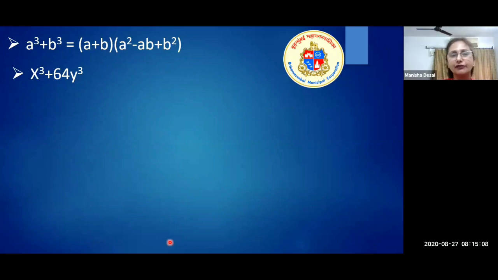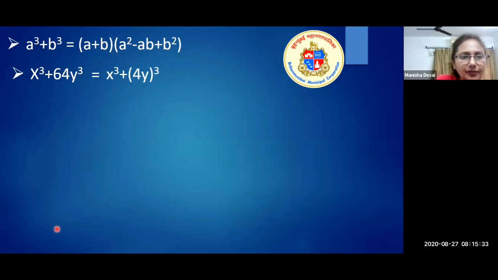Now this 64y cube, we have to just recall the things. So 64 is a cube of which number? Which number will we multiply 3 times so that we get 64? Or you can simply say, what is the cube root of 64? To find the cube root of 64, we know that it's 4. When we multiply 4 three times, that is 4 into 4 into 4, we get the answer 64.